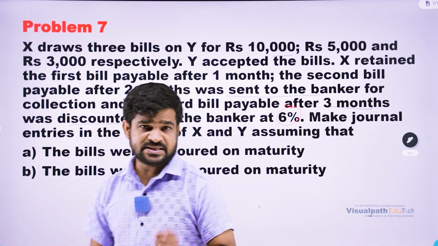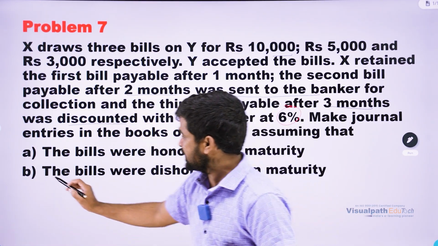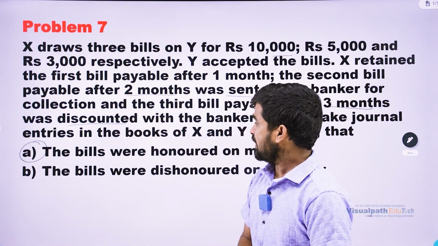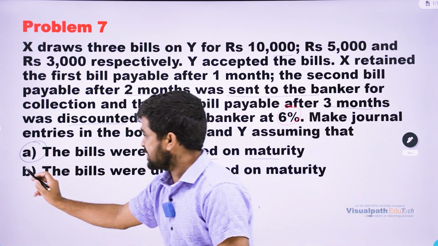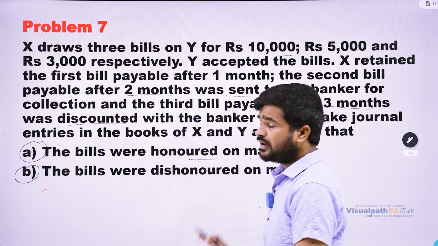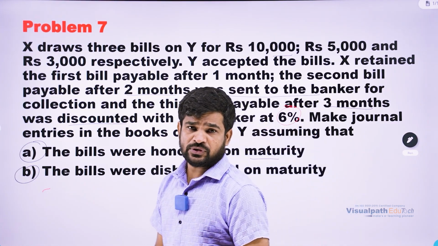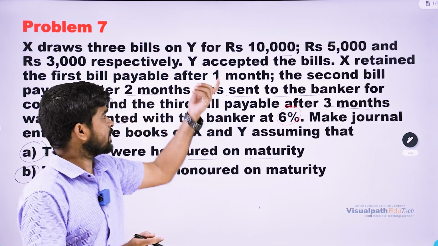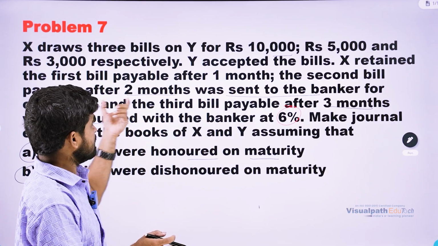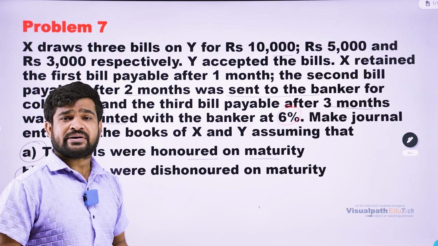But here the conditions are two. Condition one: if the bill is honored, what will be the entries? If the bill is dishonored, what will be the entries? The question is that three bills are drawn, respectively 10,000, 5,000 and 3,000, and these three bills are utilized in three ways.